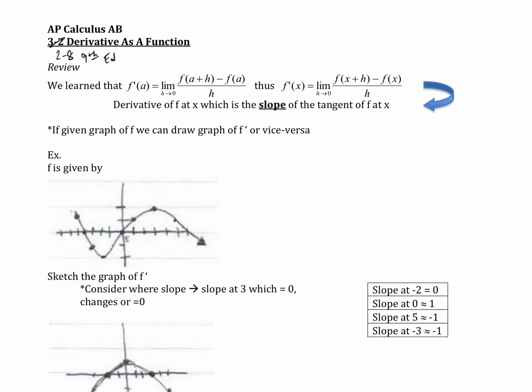Here it is as a function, and we talked about this in the last section, so let me highlight this again. We said that f prime is the derivative. What is the derivative? The derivative is the slope of the tangent line at a particular point. If I say at x, then it's just generalized at x.